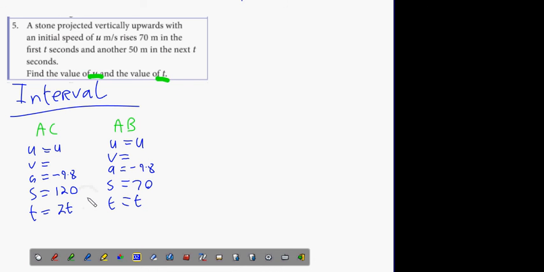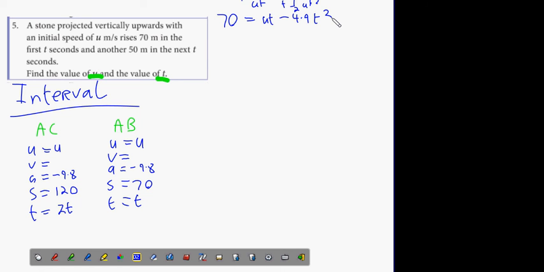We're going to start off with AB. 70 equals ut plus a half at squared, with a half at squared being minus 4.9t squared. On the second one, it's going to be 2t.